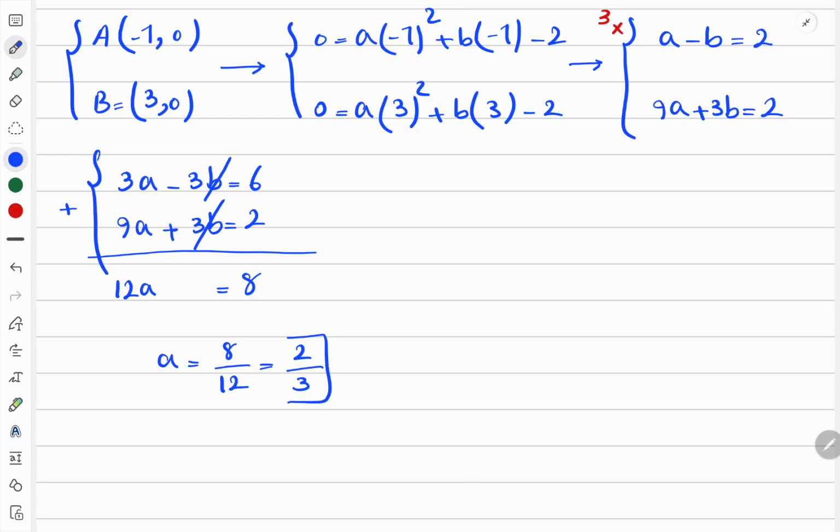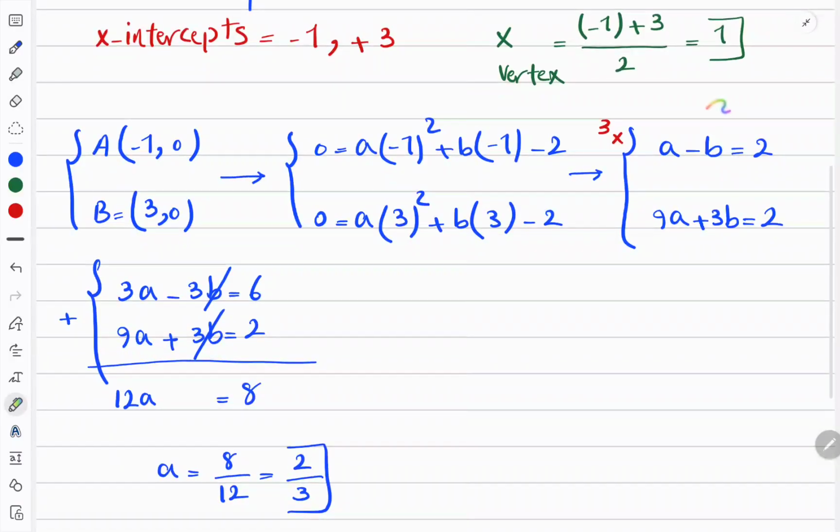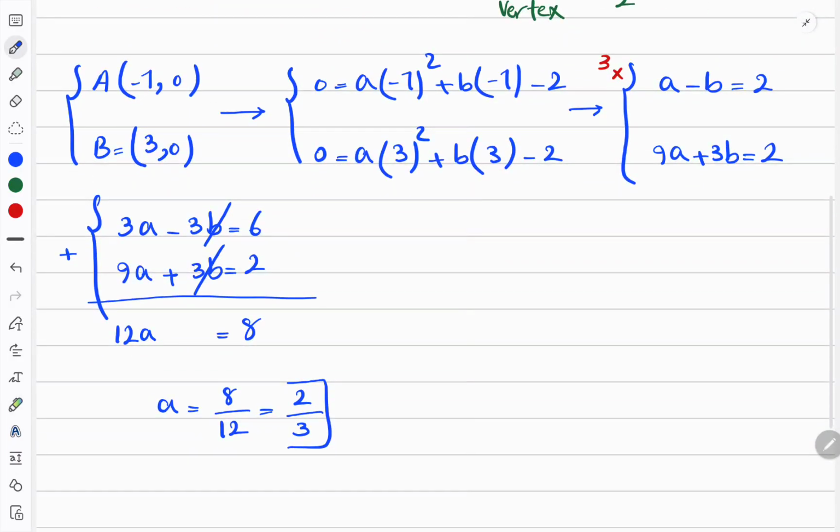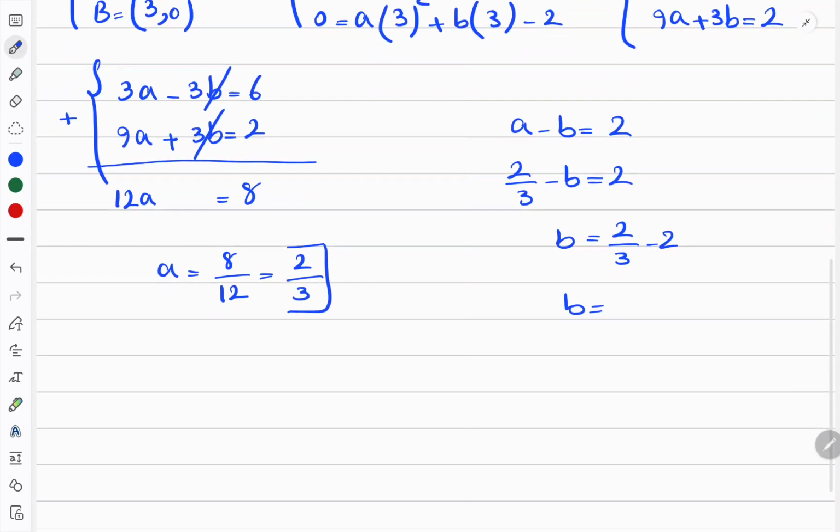Okay, and substitute the value of a into one of the equation. The first one is simple, to solve for b. So a minus b is 2, 2/3 minus b is 2, so b is 2/3 minus 2, which is -4/3.